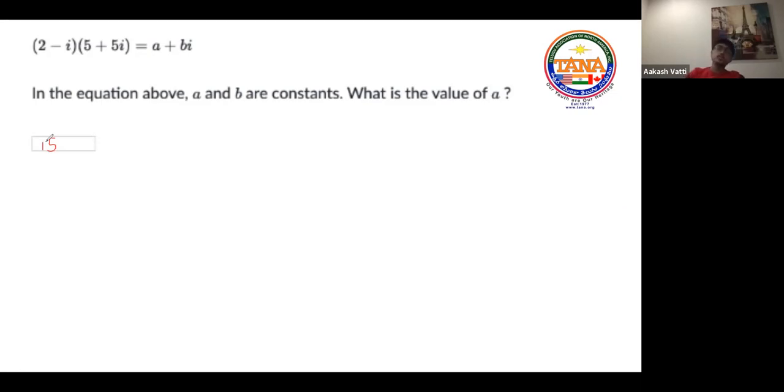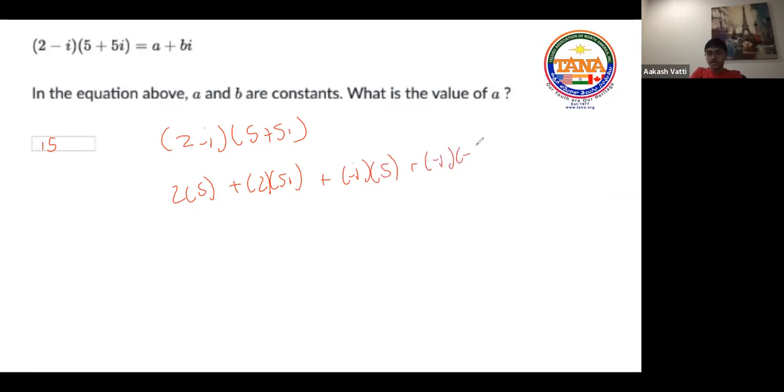All right, so the answer to this one's 15 because you want to FOIL out 2 minus i times 5 plus 5i. So you have 2 times 5 plus 2 times 5i plus negative i times 5 plus negative i times 5i.